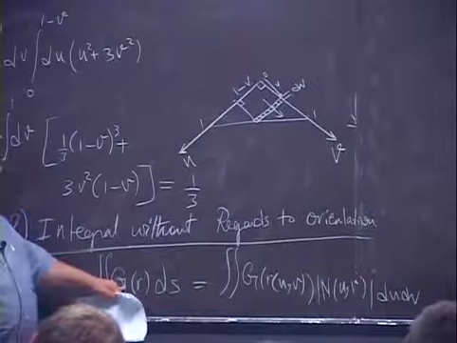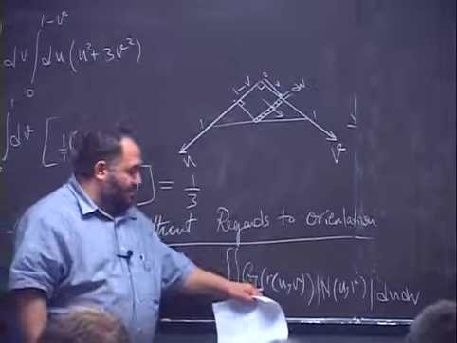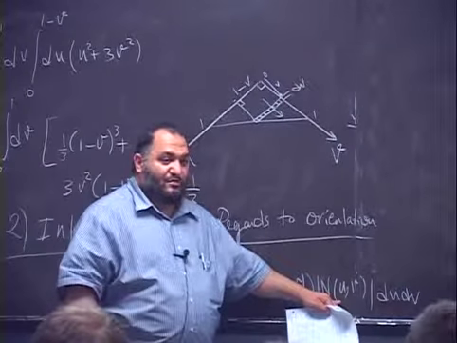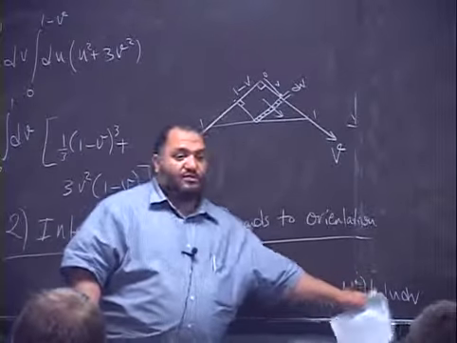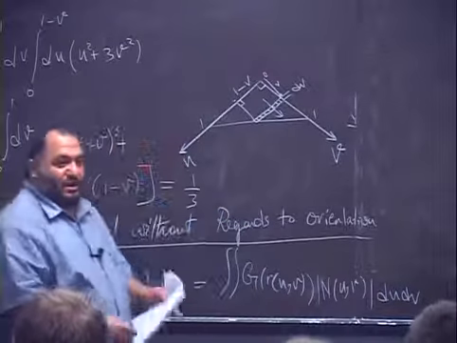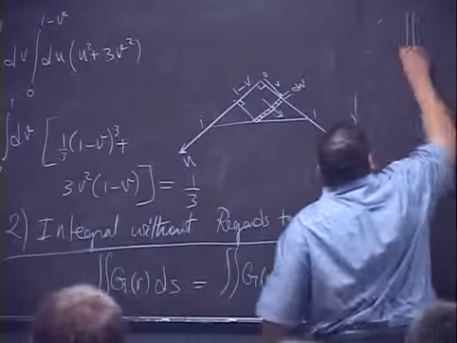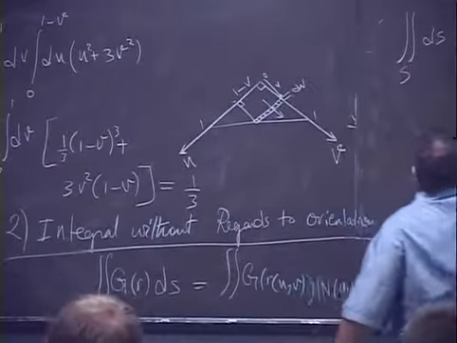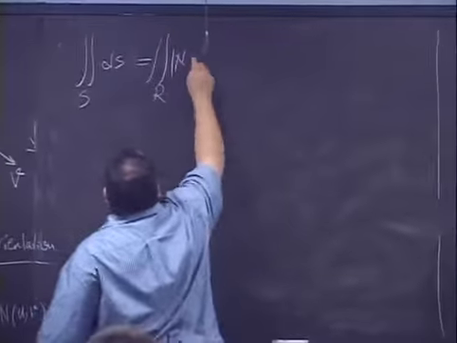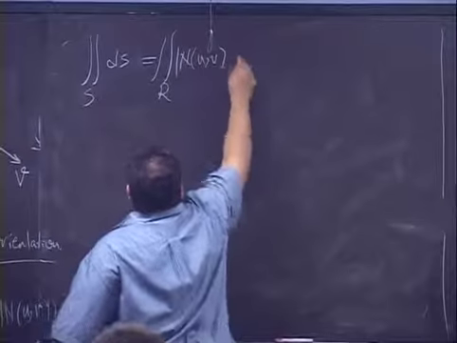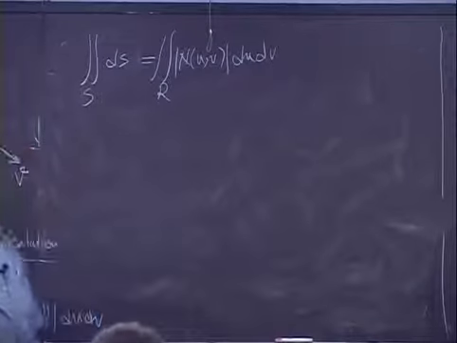We substitute g of r equal to 1, and this will be just dS, which is the magnitude of the normal vector integrated over a region in the plane. So I transformed an area on a surface to the integration of the magnitude of n of u, v du dv over a region in the plane.